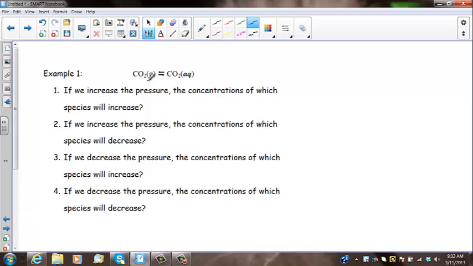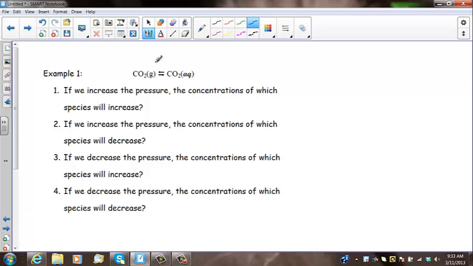Here I have gas and here I have aqueous. If we increase the pressure, the concentrations of which species will increase? Well, if we increase the pressure, it's going to shift to the side with the least number of moles of gas.